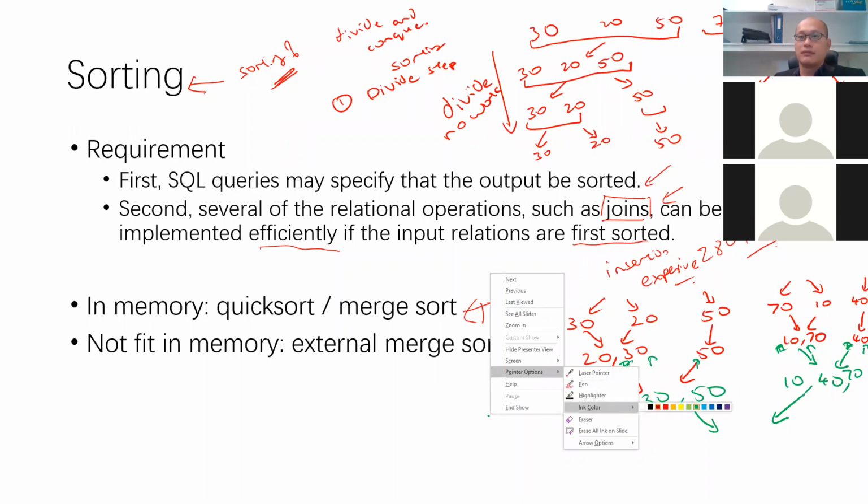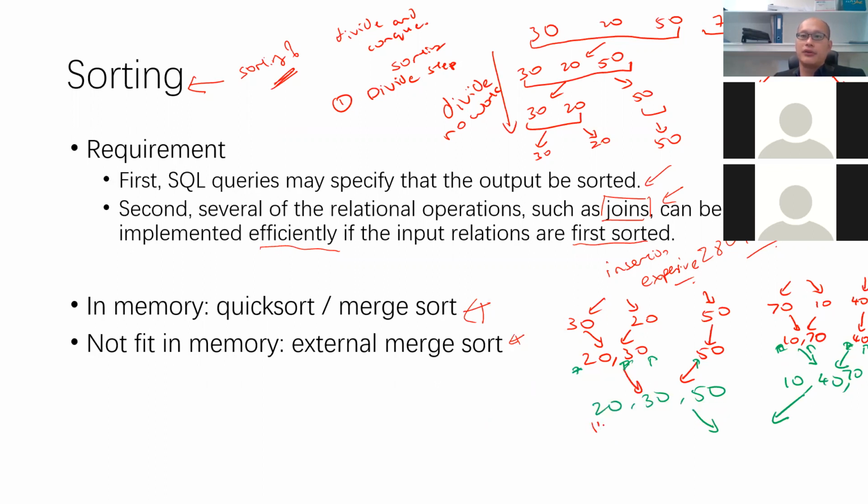Final step, I have a pointer here and a pointer here. 10 will be compared to 20, 10. And 20 to 40, 20. 30 to 40, 30.